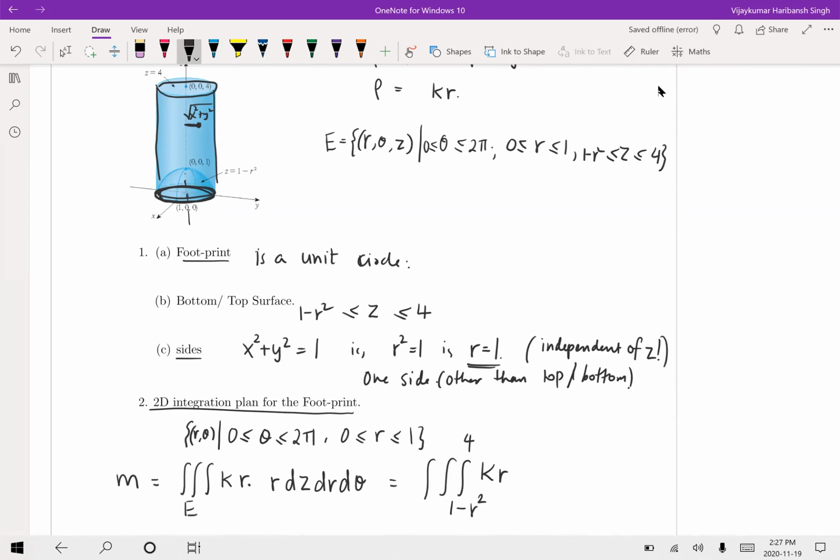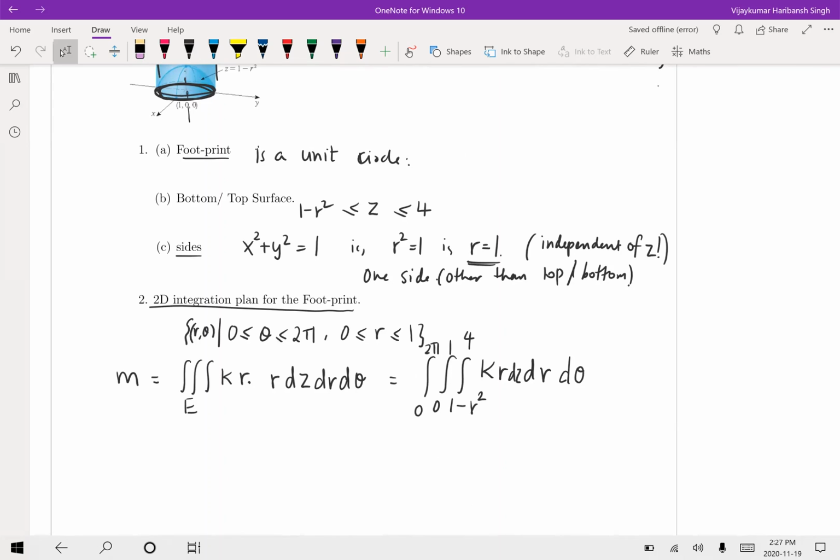Then let's integrate in terms of r, so r is from 0 to 1, and theta is from 0 to 2 pi.